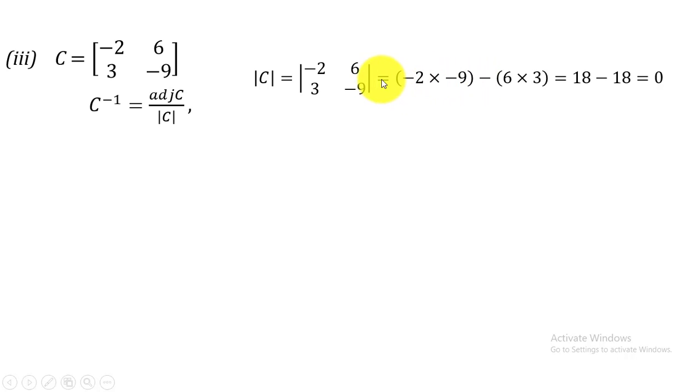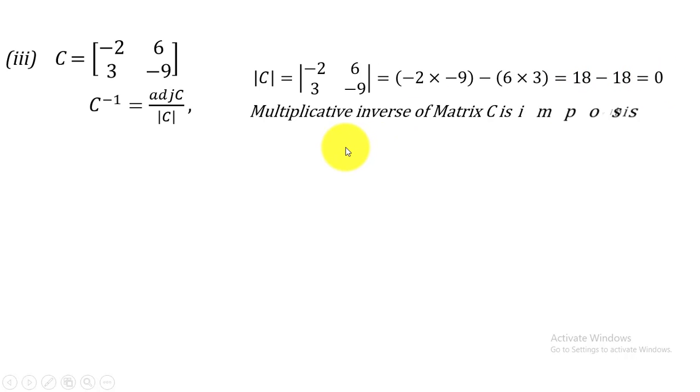The first entry is obtained by the product of the principal diagonal elements, negative 2 times negative 9, minus the second entry, obtained by the product of the other elements, 6 times 3, that is equal to 0. The multiplicative inverse of matrix C is impossible because the determinant of matrix C is equal to 0.